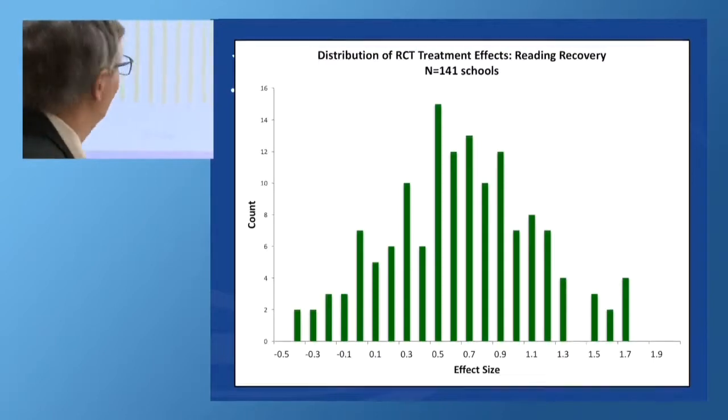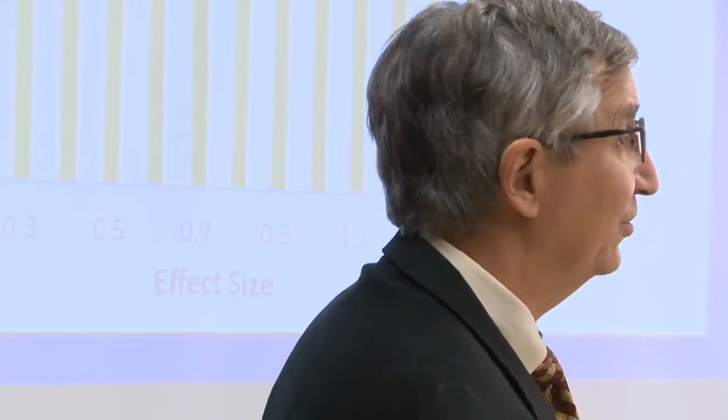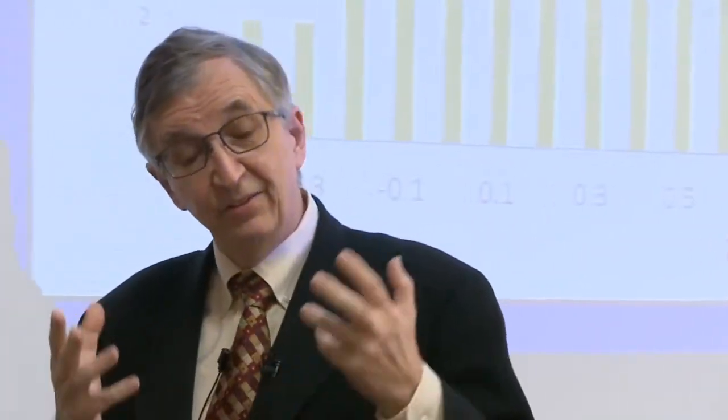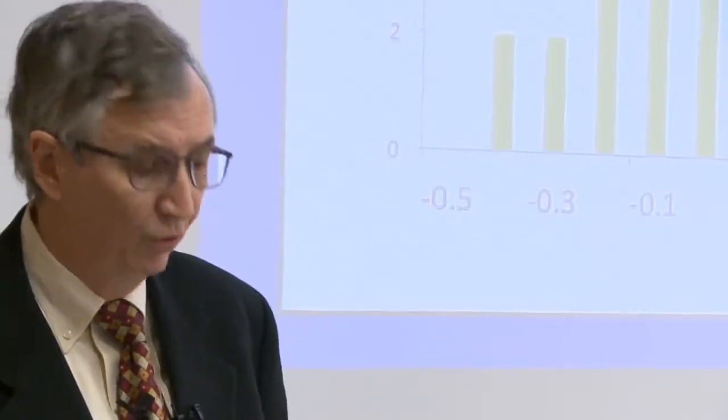And when you look at the distribution in the effects, well, they really spread out. In fact, it turns out that the standard deviation in the effect sizes is almost as big as the average effect size. So the effects of this intervention seem to depend on the context in which it's introduced.